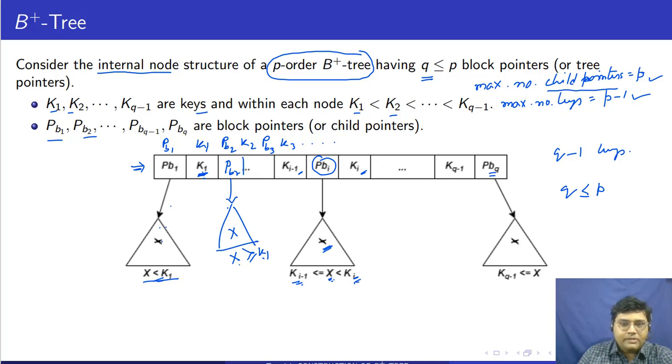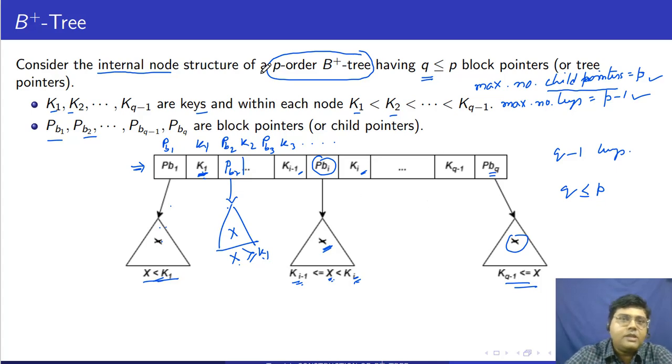Please note that here it is less than or equal to, but in a B tree it is strictly less, which means some keys can be repeated. We can also see that the keys in the subtree to the right of k q minus 1 are greater than or equal to k q minus 1. This is the convention we have to use whenever we add keys in a B plus tree. So this is about the internal nodes.